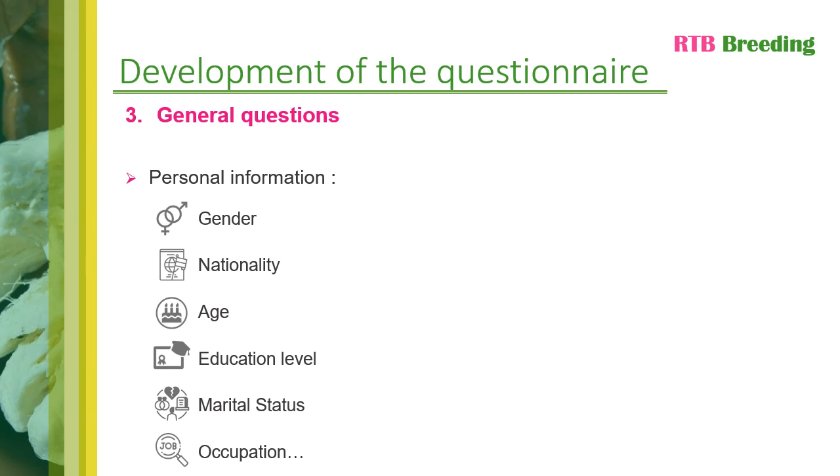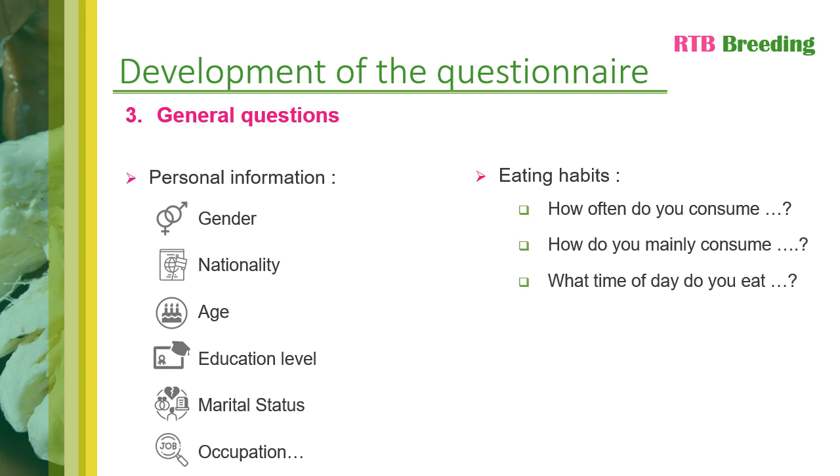If you wish, you can consider other questions, such as their state of health or the composition of their household. The second part of the questions concerns their consumption habits for the food you are studying. How often do they eat it? How do they eat it? When do they eat it? Etc.